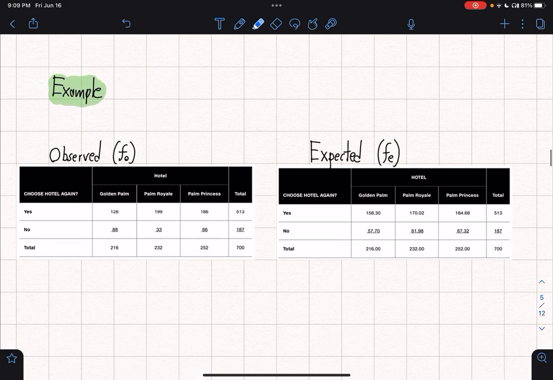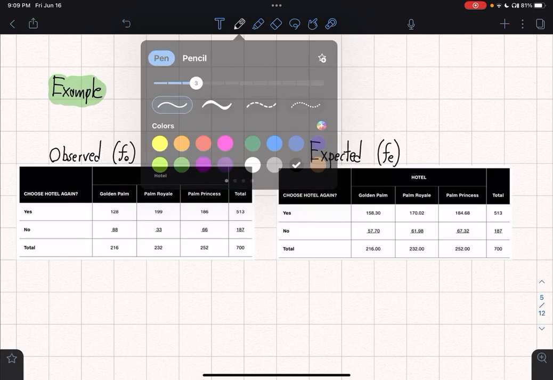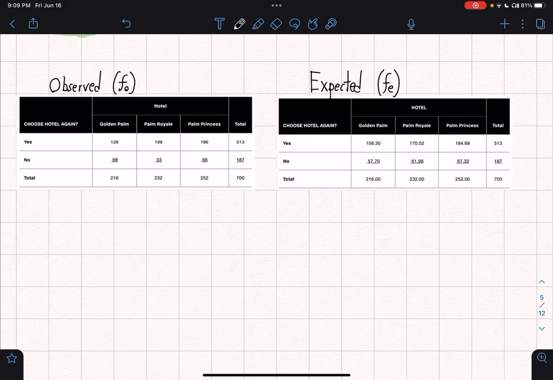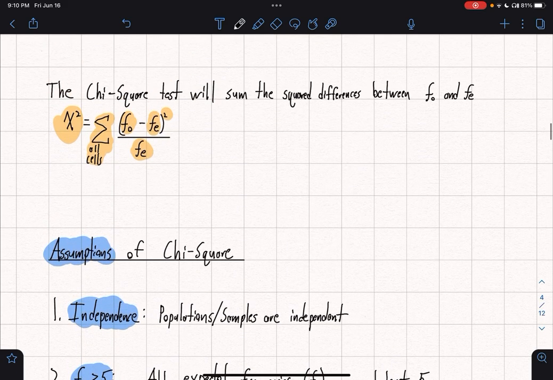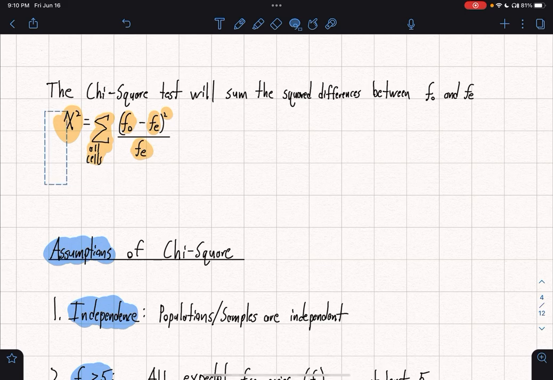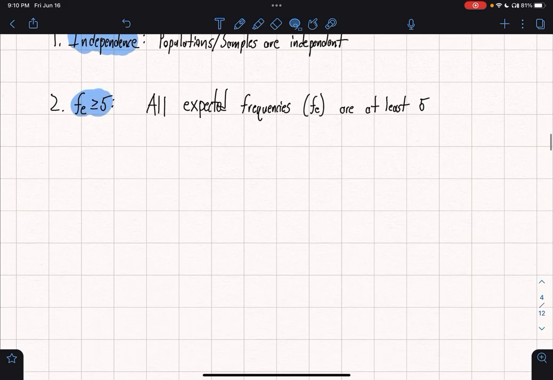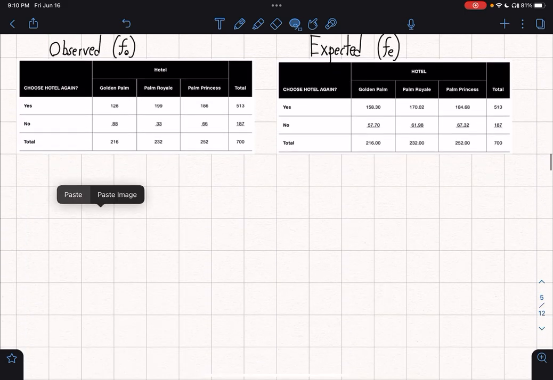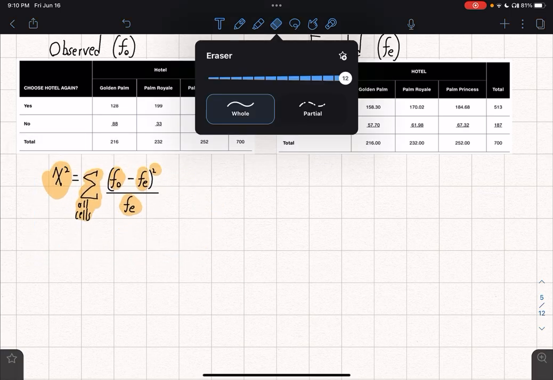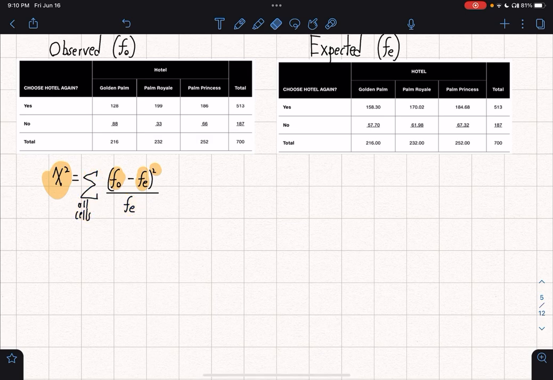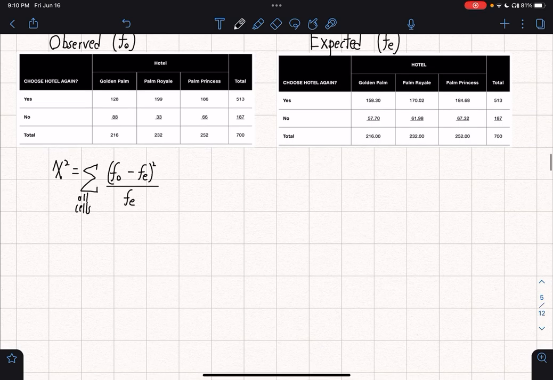So let's return to our example and calculate this chi-square. Let me copy and paste that down. So we want to calculate this value.